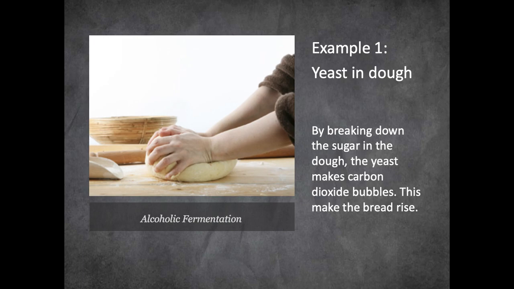So we use yeast to help us rise our bread. If not, we would have only crackers. Thanks to yeast, we have nice fluffy bread. Now, do you eat yeast when you eat bread? No, because once we bake it, the yeast dies off, and the carbon dioxide evaporates, and what you're left with is nice fluffy bread.